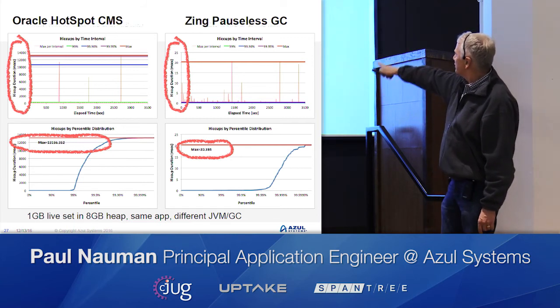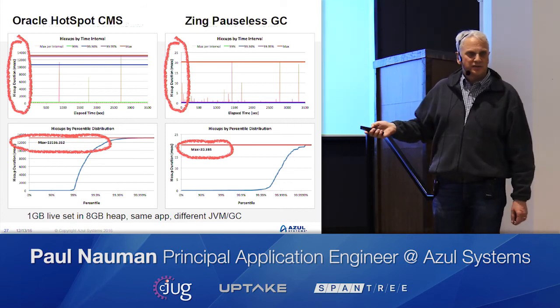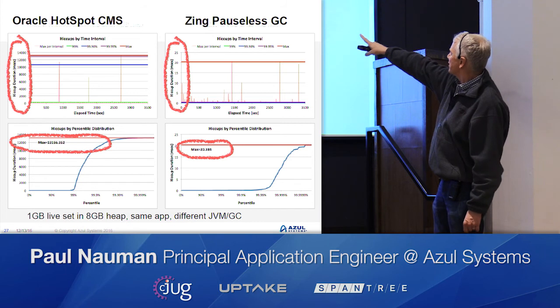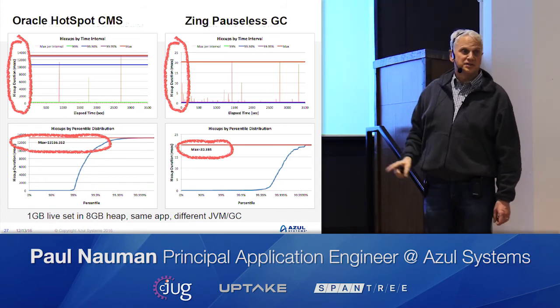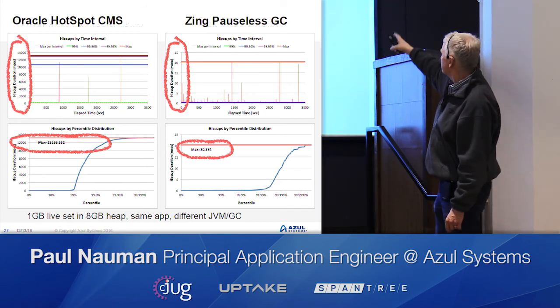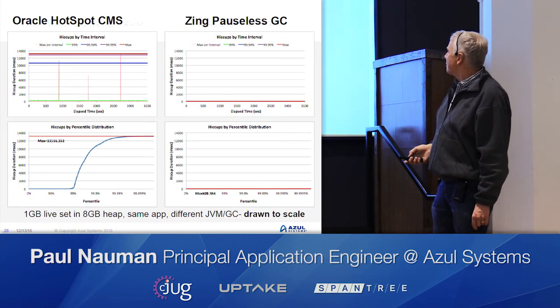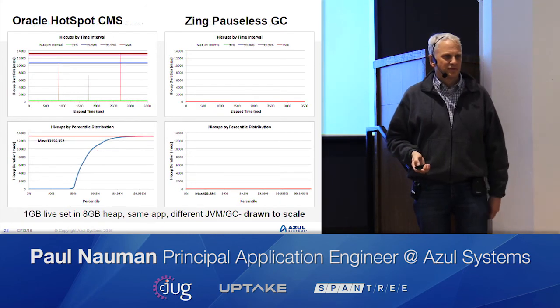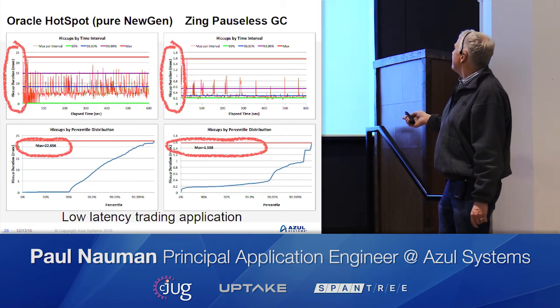We're clocking ourselves at an 8 gigabyte heap, same application, and you can see the spikes that are occurring in HotSpot going up to 14 seconds, 14,000 milliseconds. And in Zing, our worst case is 20 milliseconds, so if you plot that with the ranges equal, we get our flat line. We see this a lot.